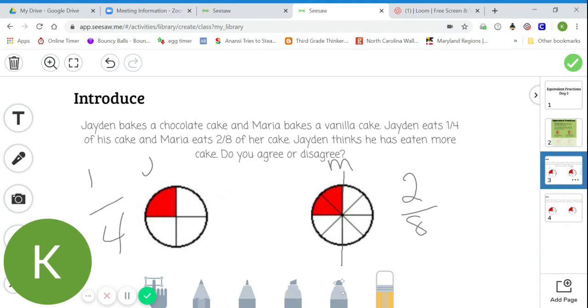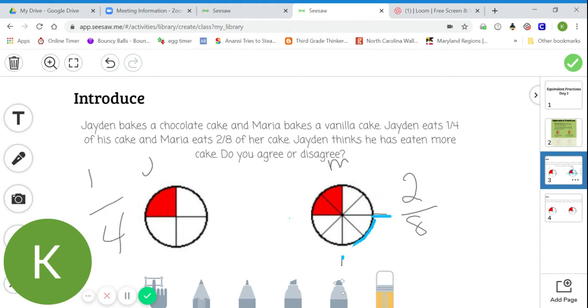Let's make sure I have equal sized pieces. And actually, we'll make this even darker. Now I have fourths. 1/4, 2/4, 3/4, 4/4. Each of those fourths is made up of 2/8, which must mean 1/4 again is equal to 2/8.